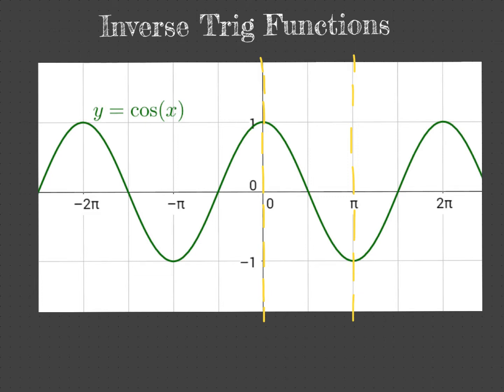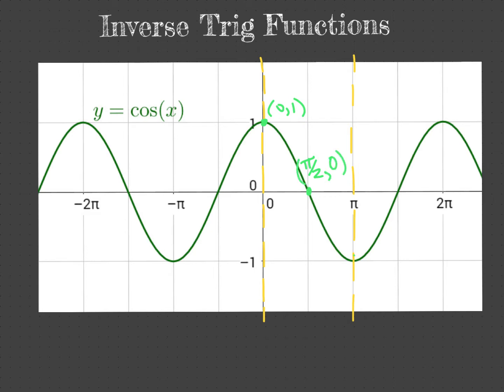Recall that to create an inverse function, what we do is we take some xy coordinates on our original graph and then we swap them. So let's take 3 easy to see points on this green graph here of the original cosine function. This first one is 0, 1. This one right here is pi over 2, 0.